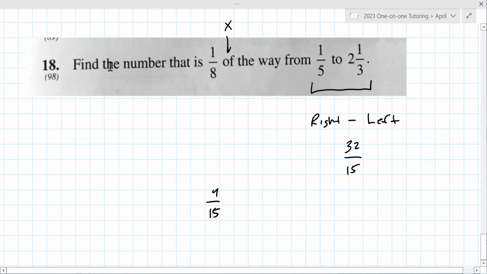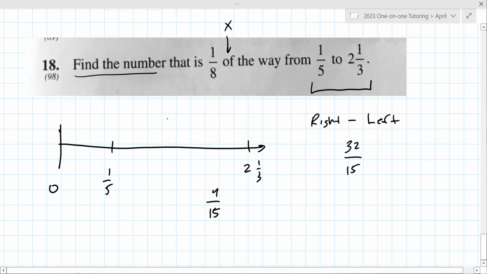What it's really asking though, it says find the number. It's really saying assume your boundary, your start point is 0, and here's 1/5 and here's 2/3, not to scale. You need that new point. So you have to add it to the 1/5.